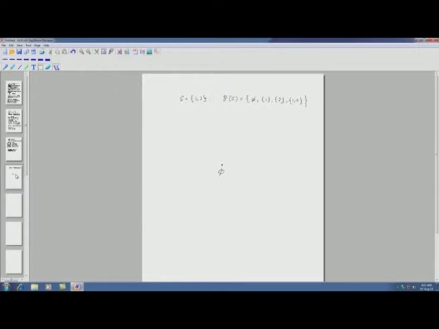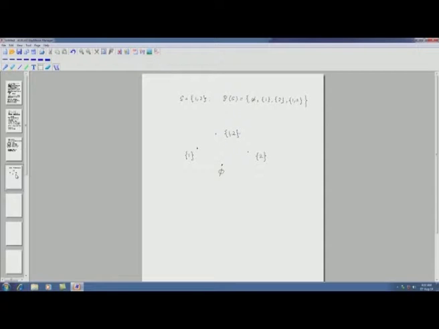So, we write phi, which is the empty set, then 1, which is the singleton containing 1, 2, this is the singleton containing 2, and the set 1 2.